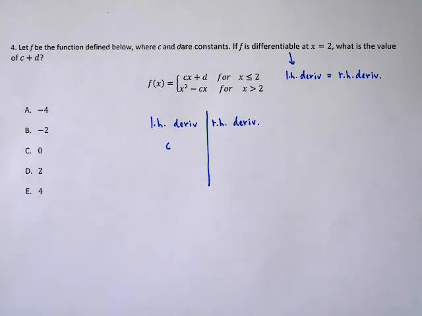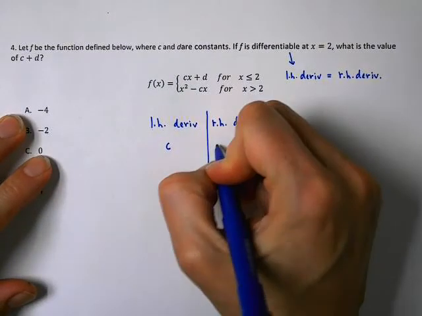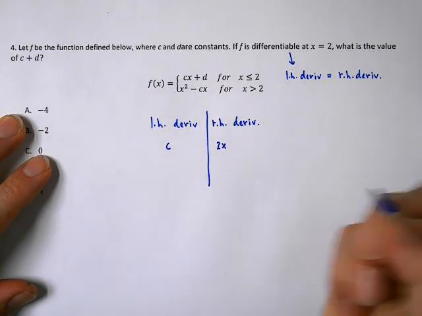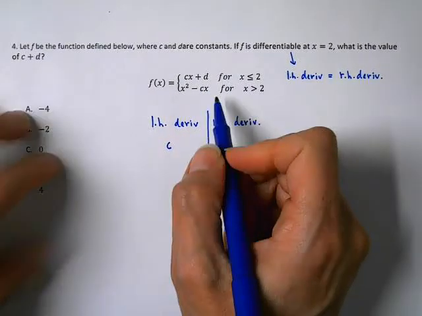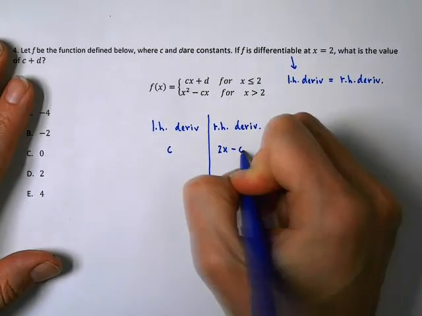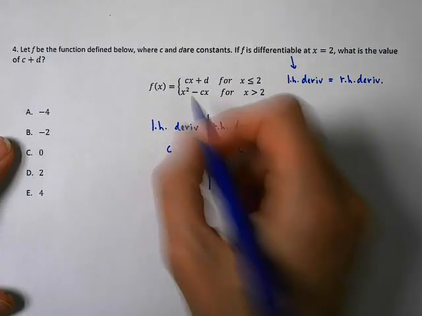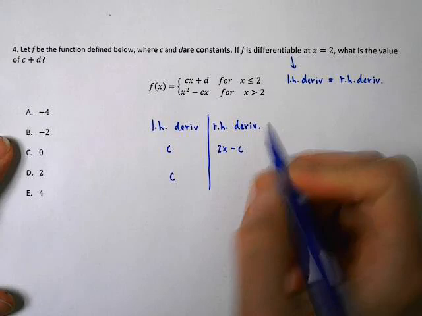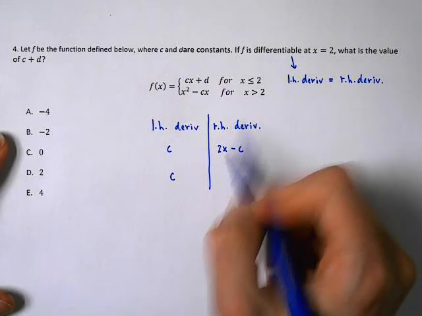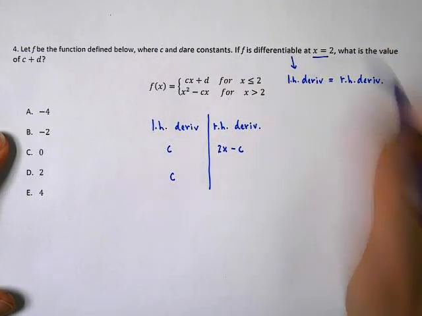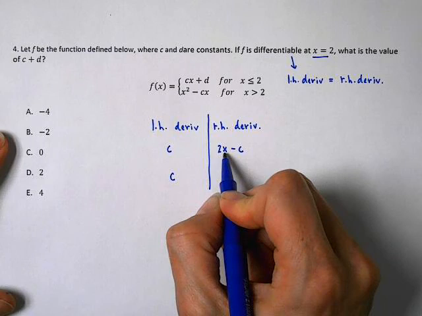On the right-hand side, the derivative of x squared is going to be 2x, and then minus cx, that derivative is just going to be minus c for that term. Now c is a constant, and I don't know the value of that, so I'm just going to leave that as c. For this one, I know I'm looking when x equals 2, so I'm going to plug in 2 for x.